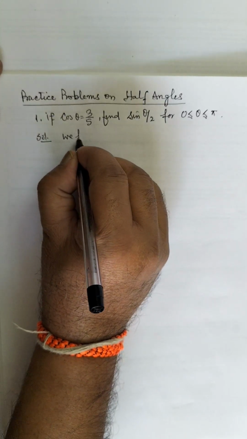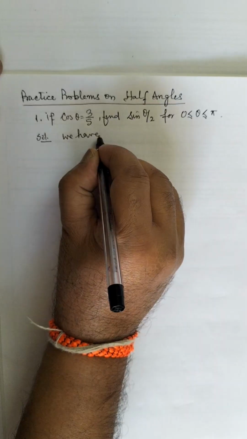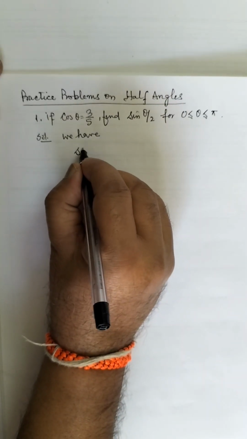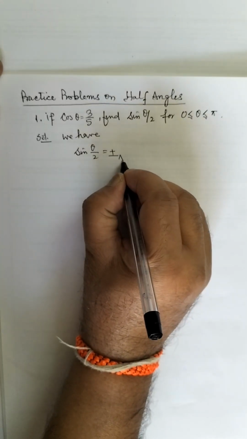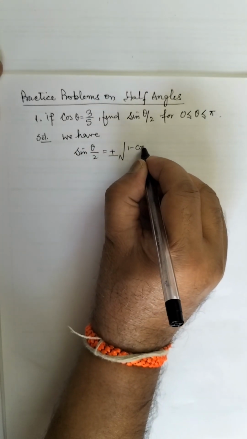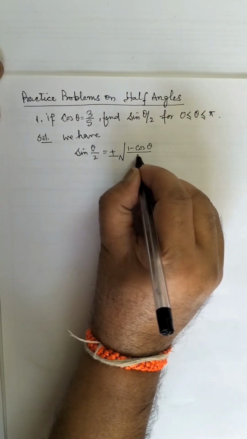We have, from formula, sine theta by 2 is plus or minus under root of 1 minus cos theta upon 2.